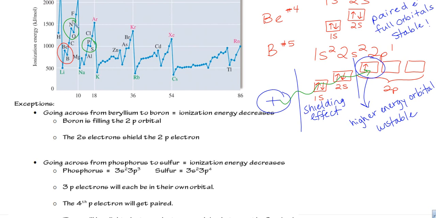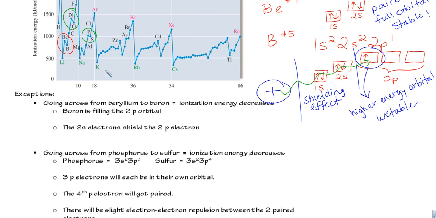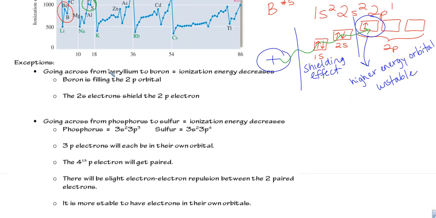And I like to think about electron configurations and orbital diagrams. Okay, so they kind of give us the electron configurations, or at least the valence electron configurations of phosphorus versus sulfur. But let's sketch these into an orbital diagram. So we'll only show the valence electrons. So here's phosphorus.